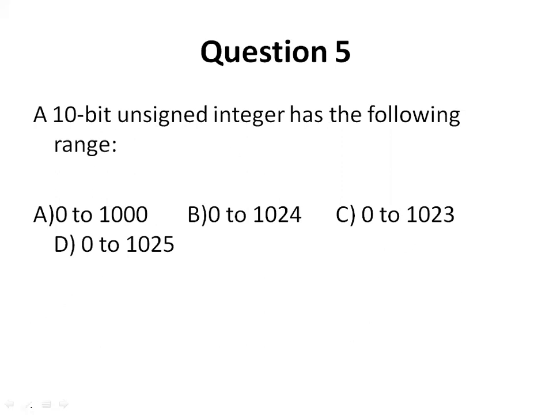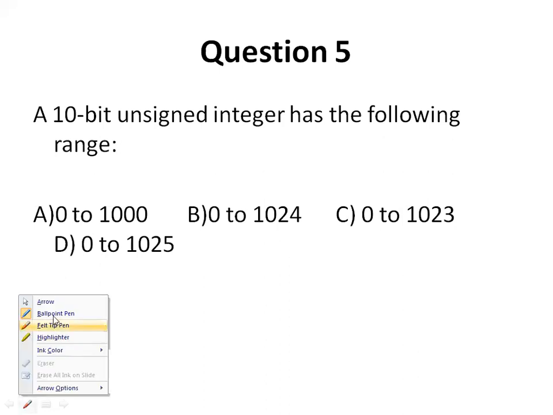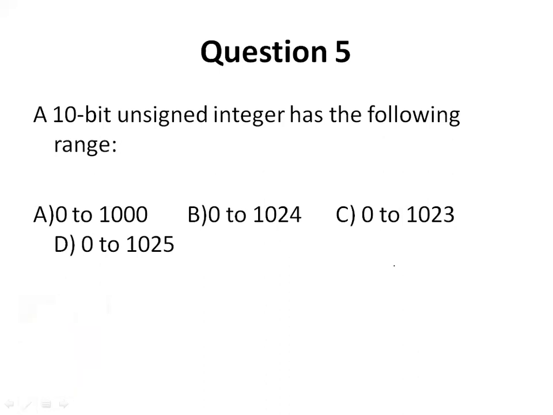So when you have a 10-bit unsigned integer, what is the range of values for unsigned? We use all the 10 bits for storing the number. Yes or no? So the range of values will vary from 0 to 2 power of 10 minus 1. 2 power 10 value is 1024, so 1024 minus 1 means 1023.